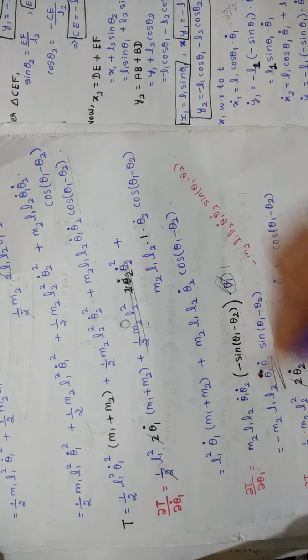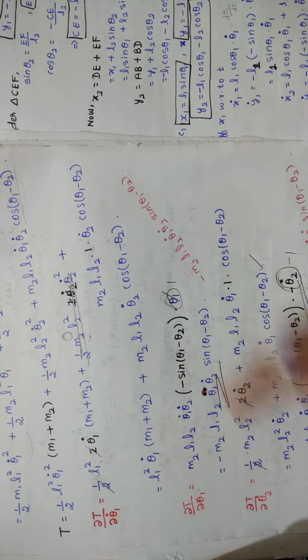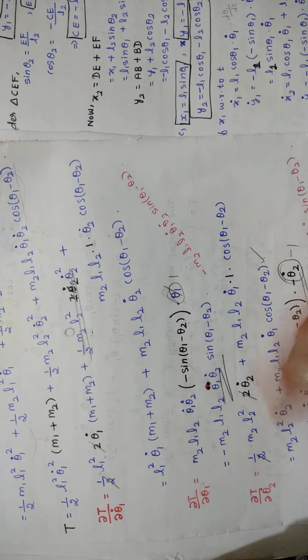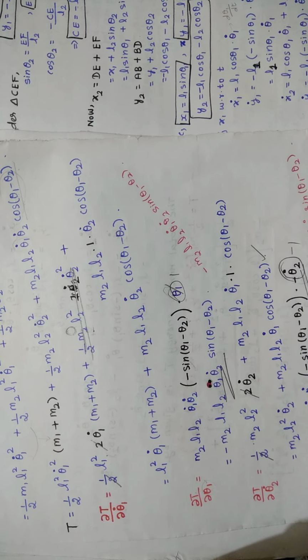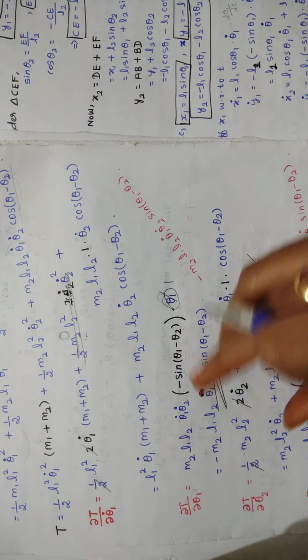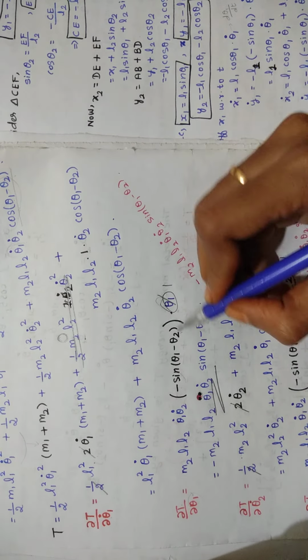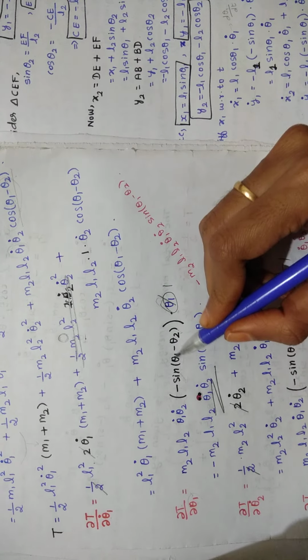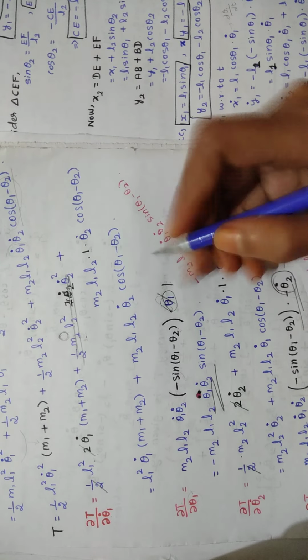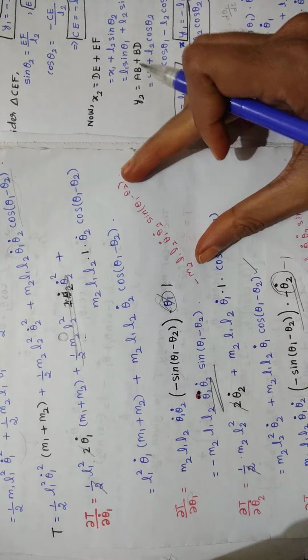I got confused here, that is why the notes are like that. So here when you differentiate theta 1, you will get 1 into 1. Okay, so from this you will get this.